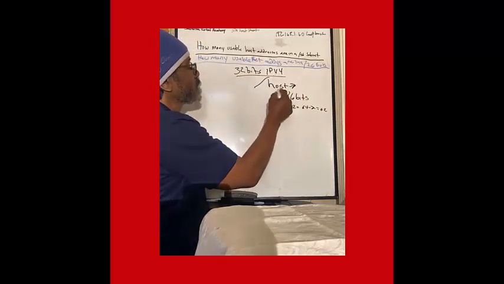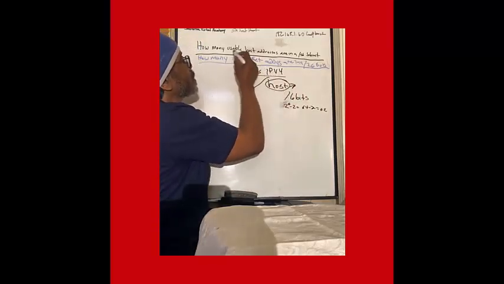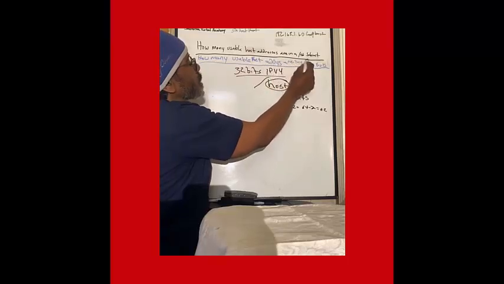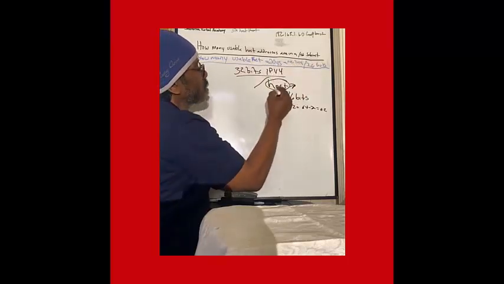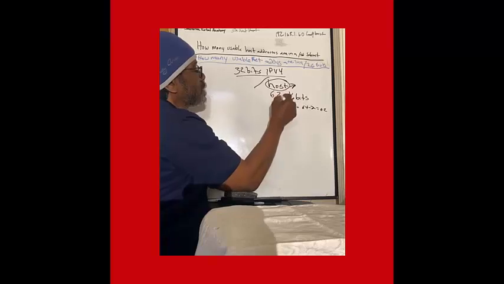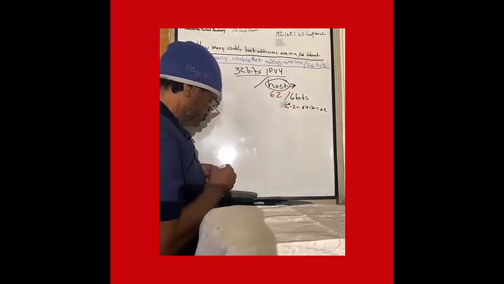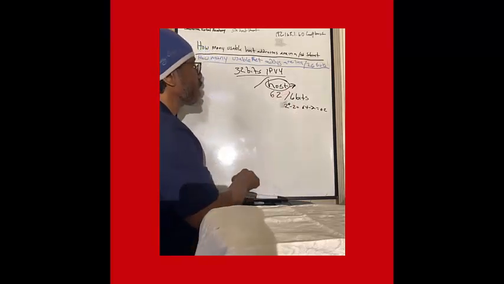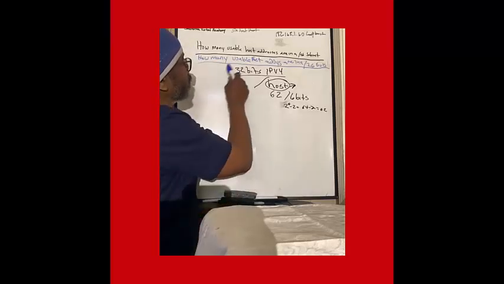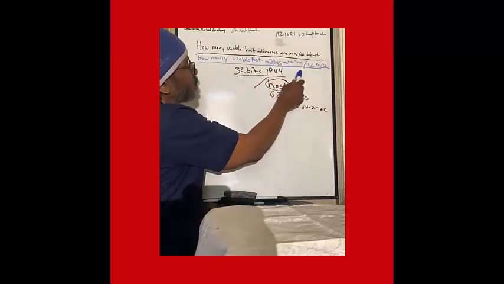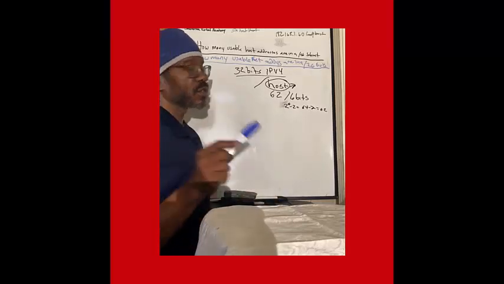So what we can say is, how many usable host addresses are in a /26 subnet? 62. So the last remaining question we have here is how many usable net addresses are in the /26 subnet?